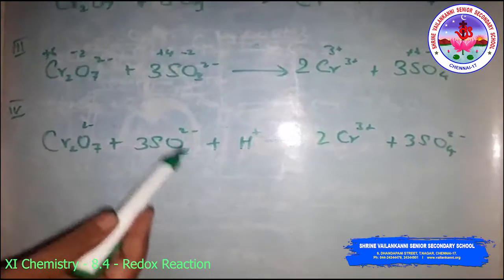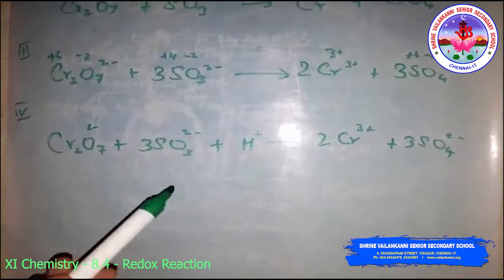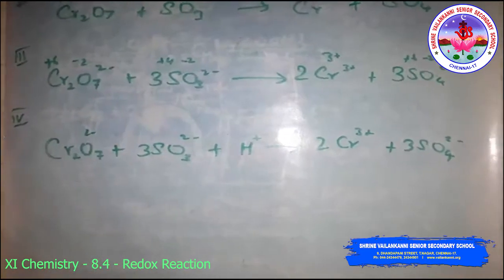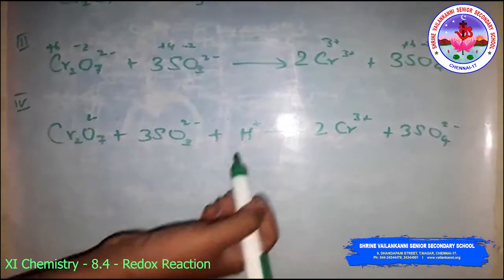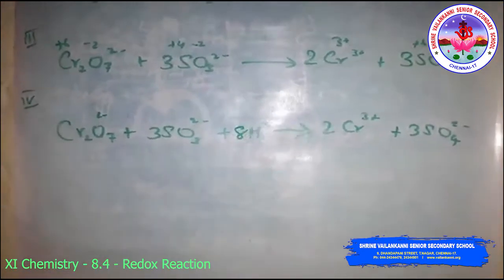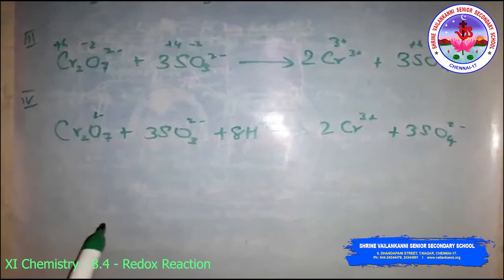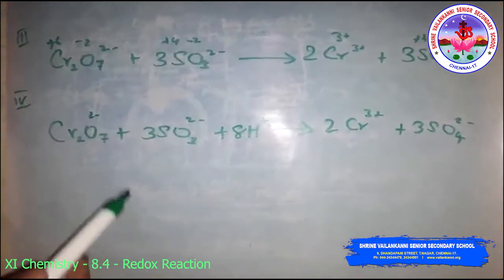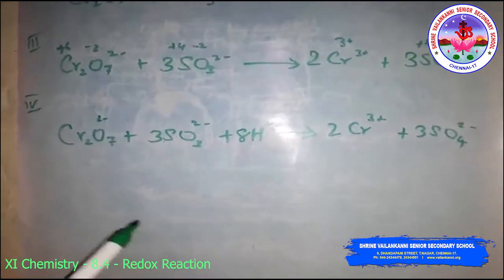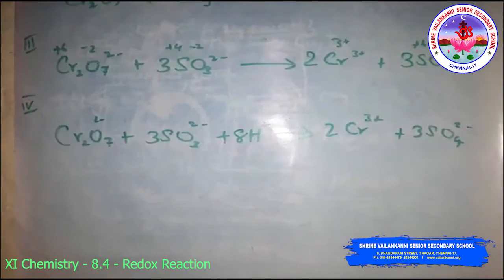If you add H+ on the left hand side, you have to add water molecules on the right hand side. So you have to write 8 H+. Then finally balance the hydrogen atoms and add the appropriate number of water molecules on the right hand side.